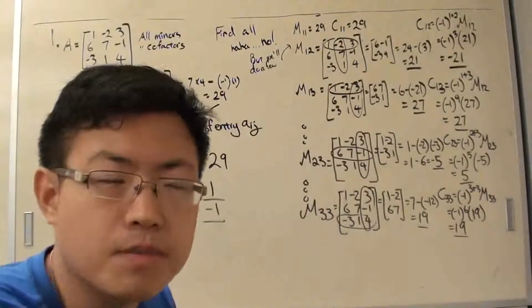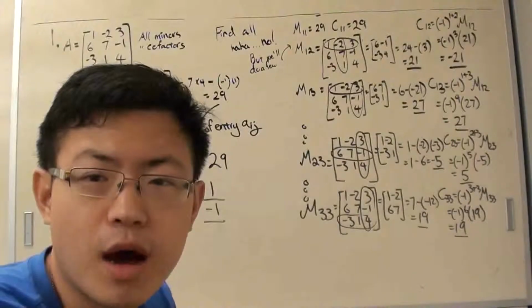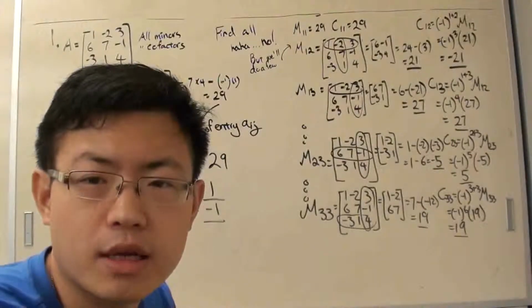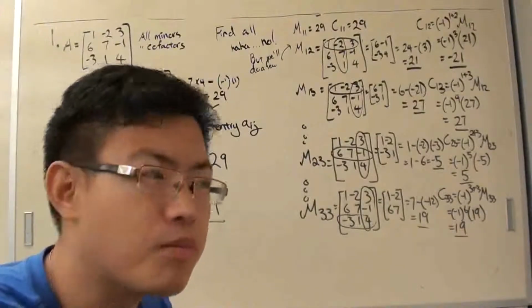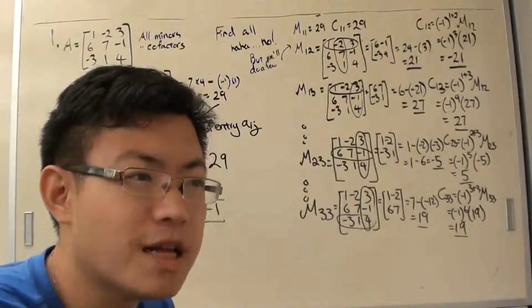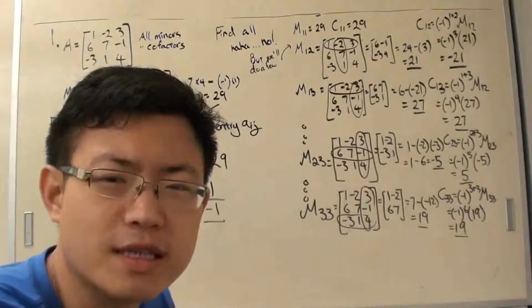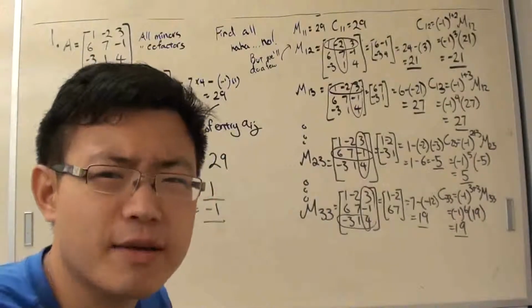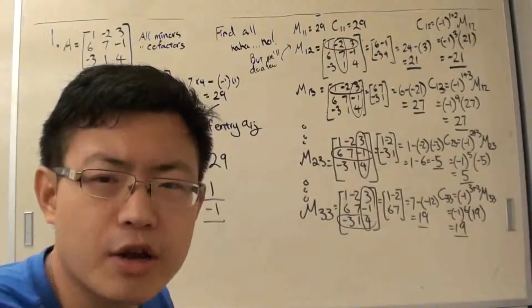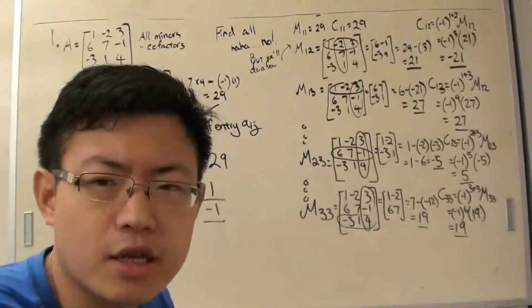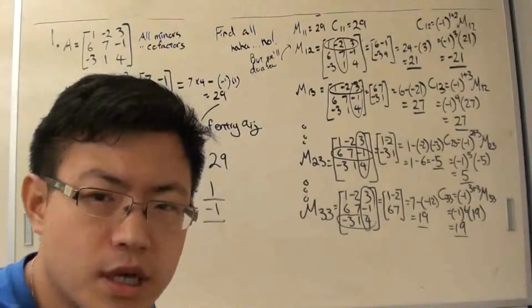Essentially, we're finding determinants within mini matrices that were broken down. It's like an inception within an inception. You'll see what I mean as we go further. For now, let's try to appreciate how to calculate the minor and how to calculate the cofactors.